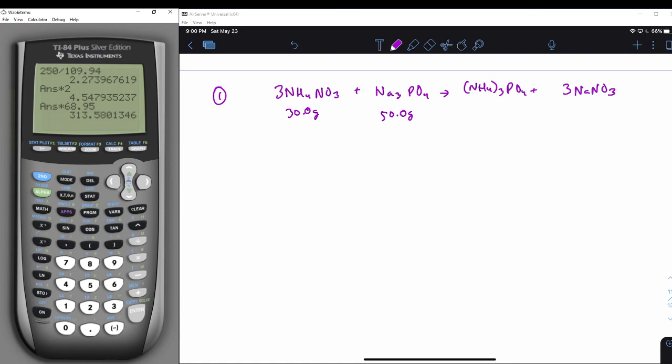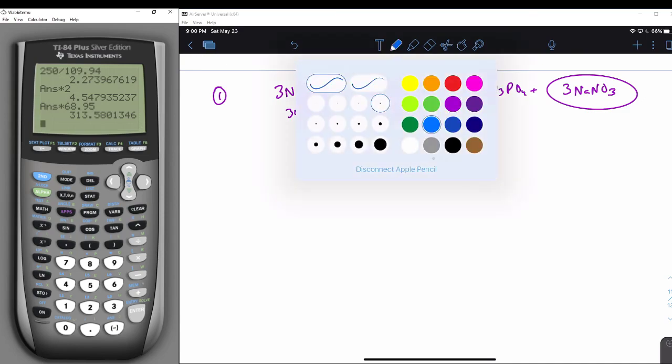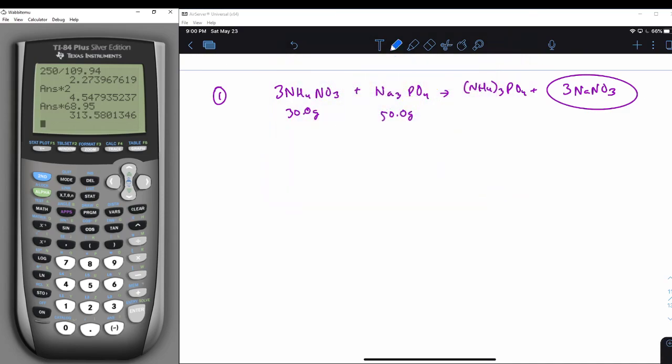And it says what is the mass of each product formed. And so therefore I ended up solving for NaNO3 to figure out which one's the limiting reactant. And then whichever one is the limiting reactant, I would solve again for (NH4)3PO4. Okay, so that's what the work looks like on the answer key.